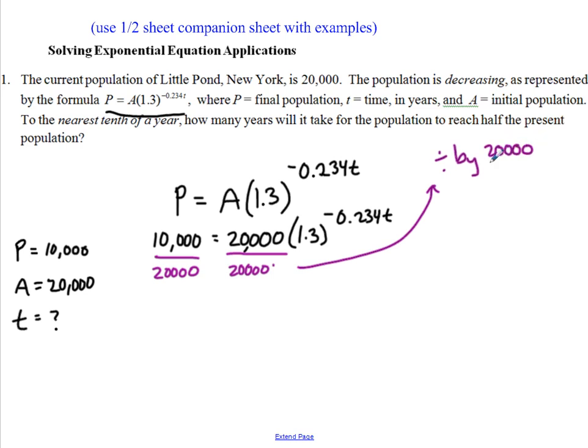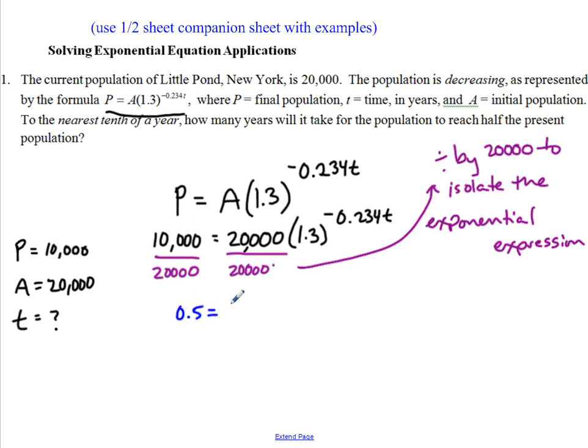I shouldn't say isolate the base, but to isolate the exponential expression. Okay? All right, so it turns out this is just half, or 0.5.